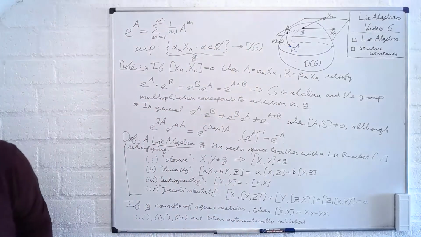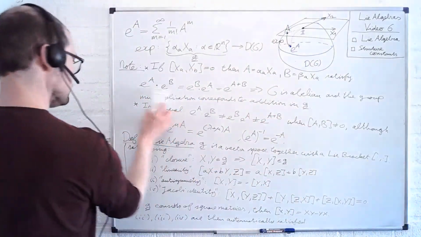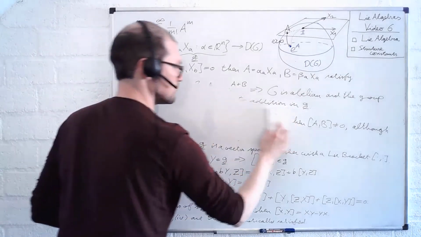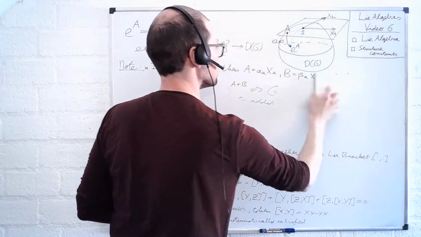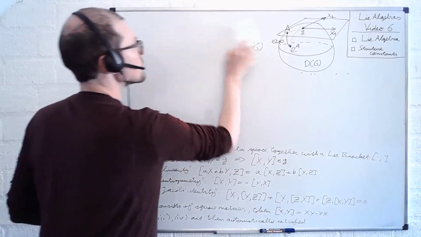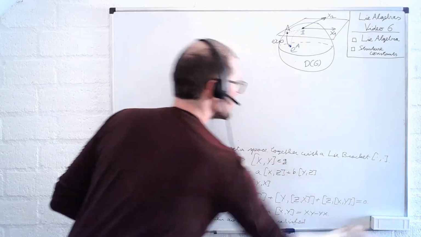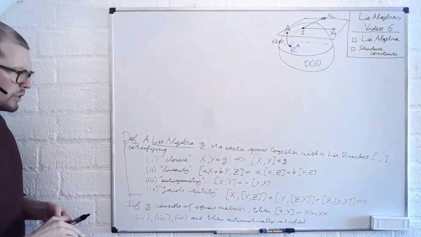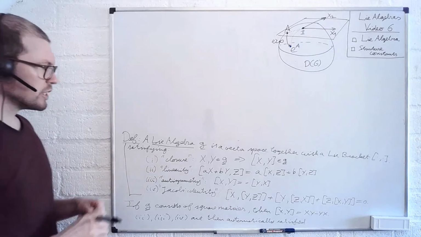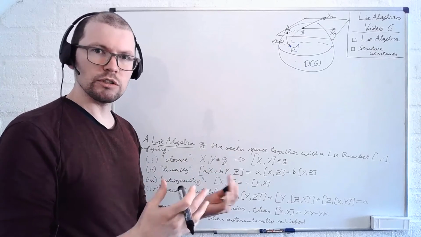Okay, so let's do this. Right, so this closure property should really capture non-trivial group multiplications, so whenever the group is not abelian.